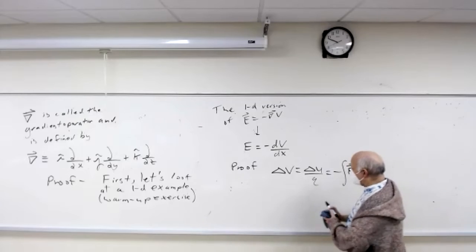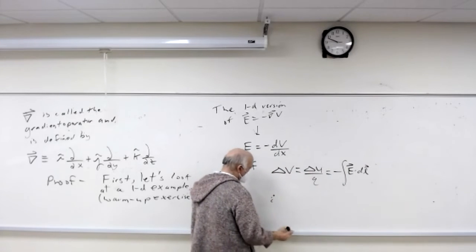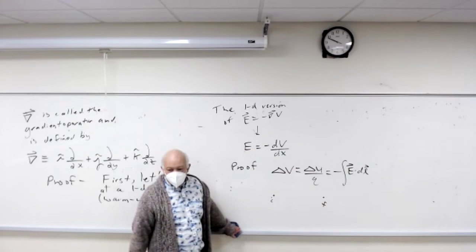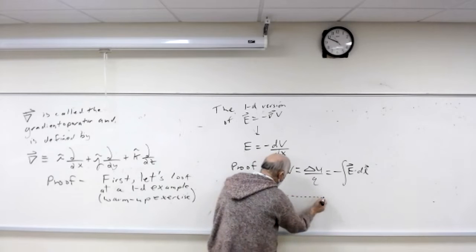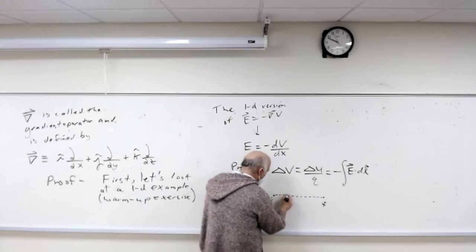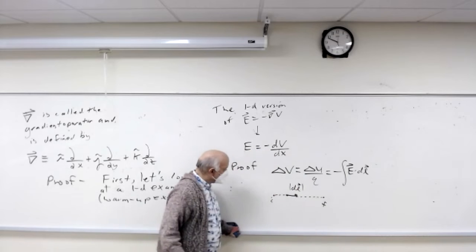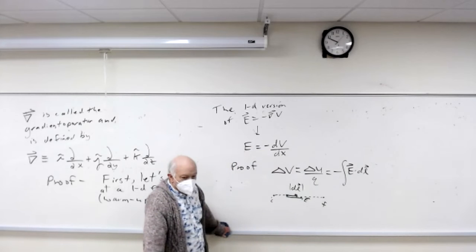Let's actually draw this out. Now we're in one dimension. So here's your initial spot, here's your final spot. If I'm in one dimension, what does my path look like? A line. So here's my dl, and here would be my x, here would be my E, because I'm just in one dimension. What would dl become? dx.